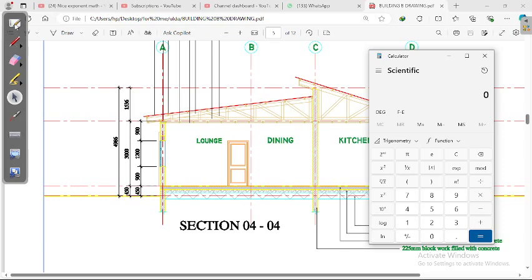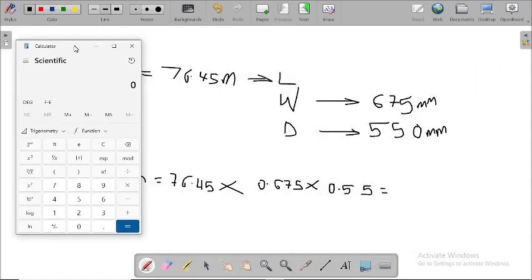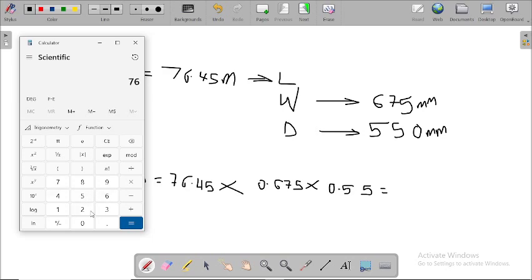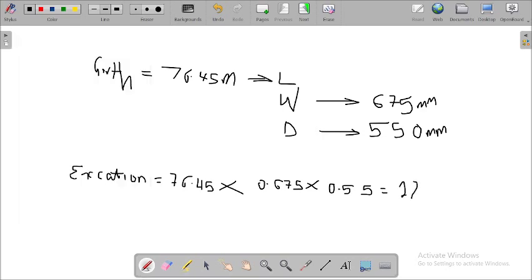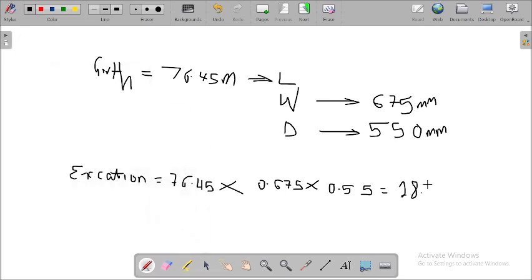Now if we pull up our calculator, we say that 76.45 multiplied by 0.675 multiplied by 0.55 gives us 28.38 meter cube.